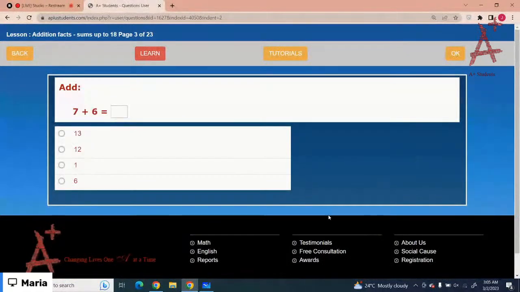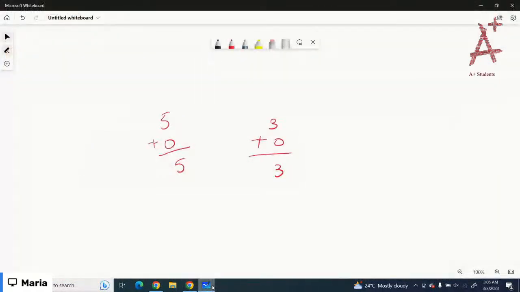Okay, the next one is 7 plus 6. Always start with the greater number and count up the smaller one. So start with 7 and count up 6. Got it? I'm just going to make 6 lines. Now I'm going to start with 7 and count up 6: 7, 8, 9, 10, 11, 12, 13.